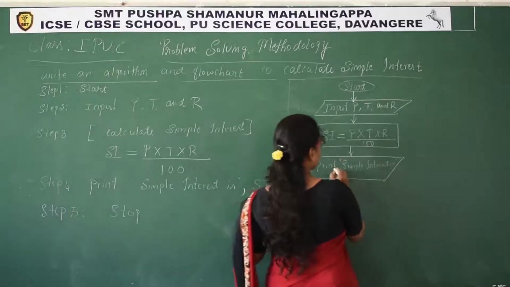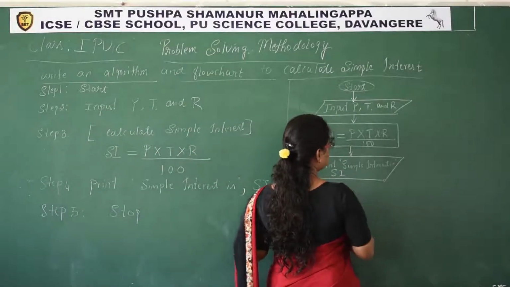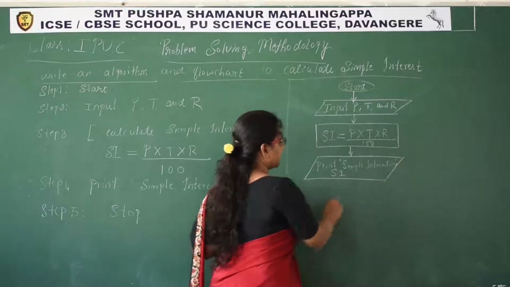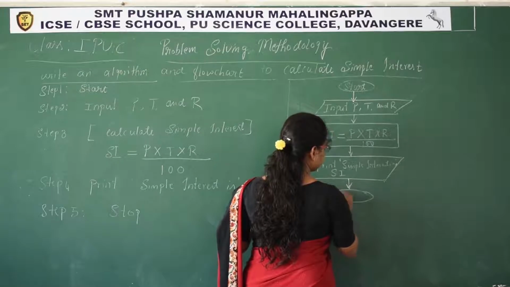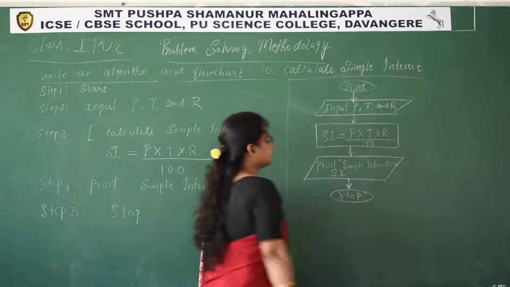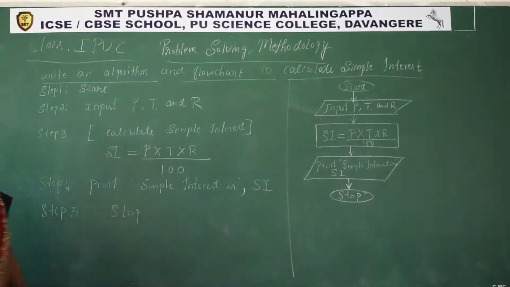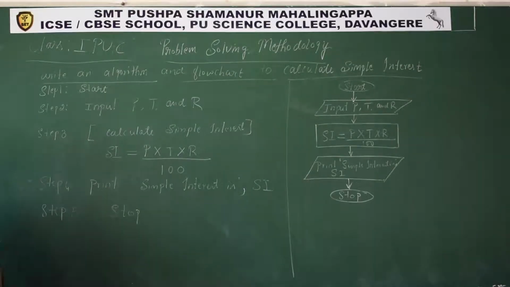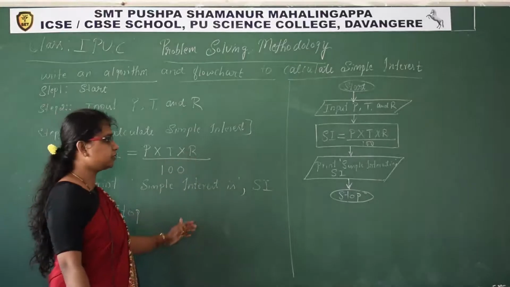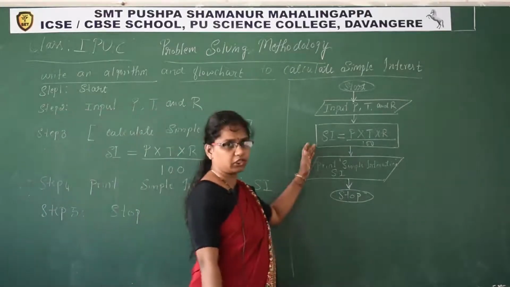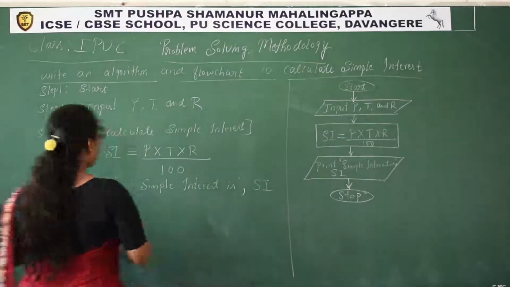SI. So here, SI, comma. Now stop. So it's a very simple problem statement. The steps are like this. I hope you understood how to write the algorithm and how to draw the flowchart for this problem statement. Next problem statement.